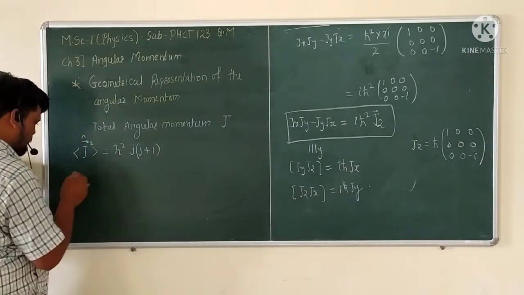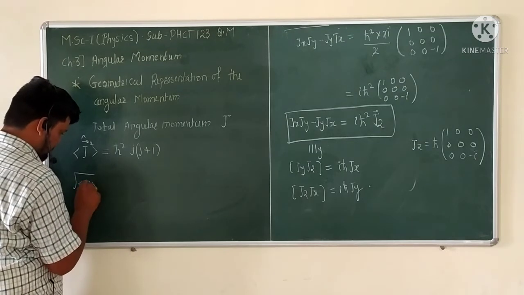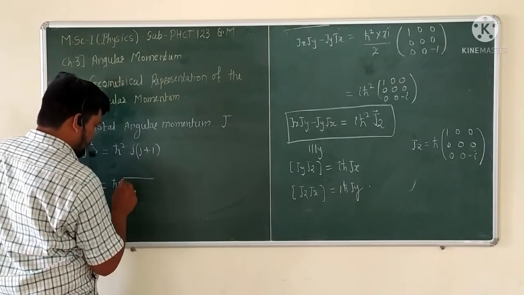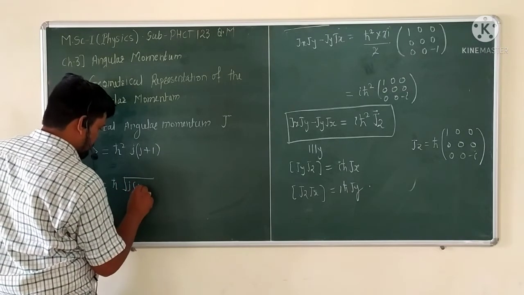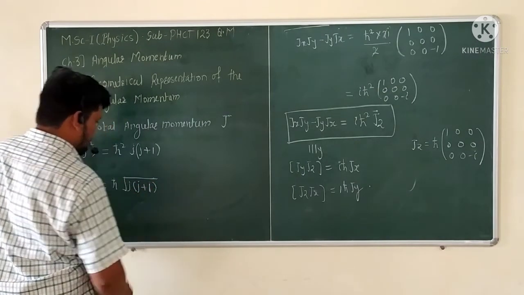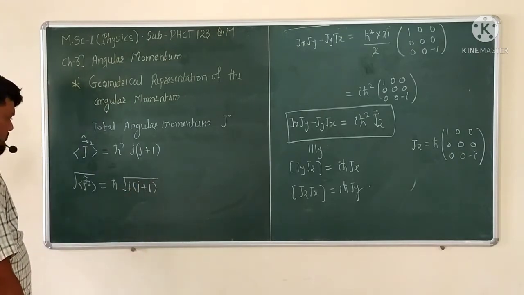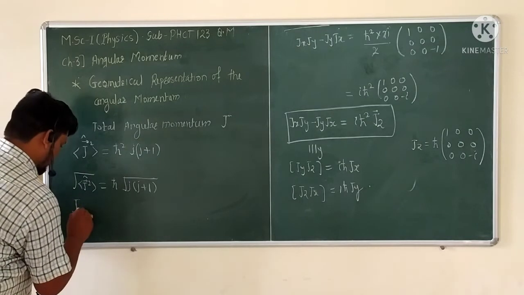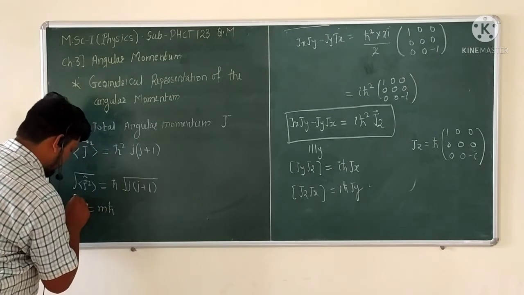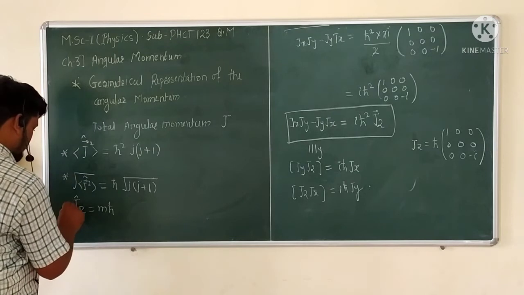Or again, the magnitude of J bar is h cross into the square root of j into j plus 1. And the Jz operator is nothing but m h cross. All these formulas we have to know.